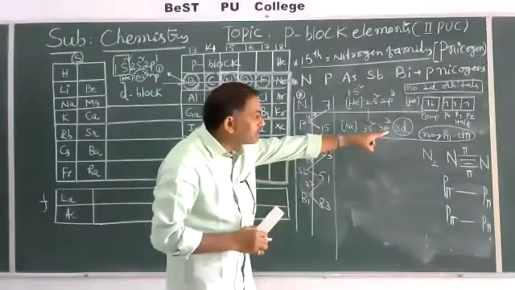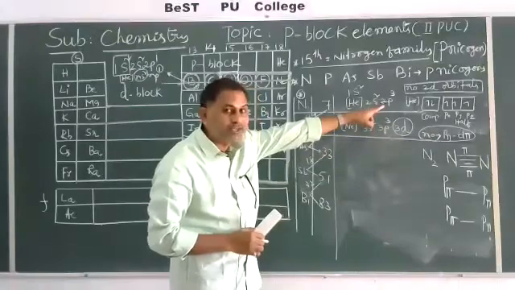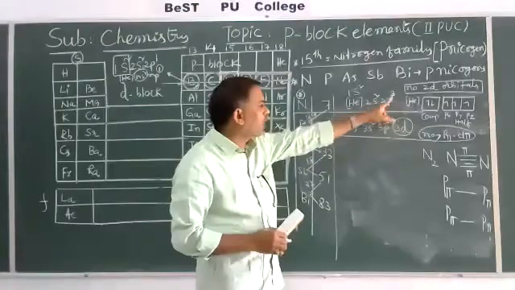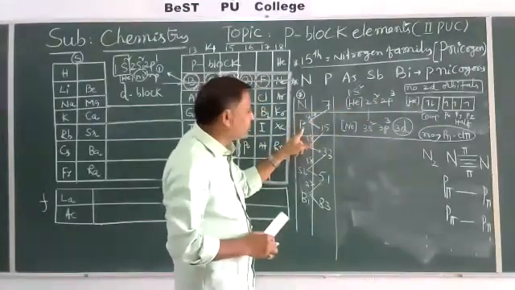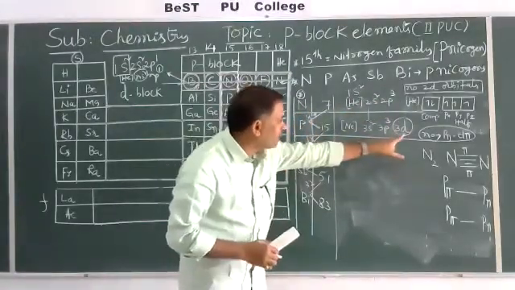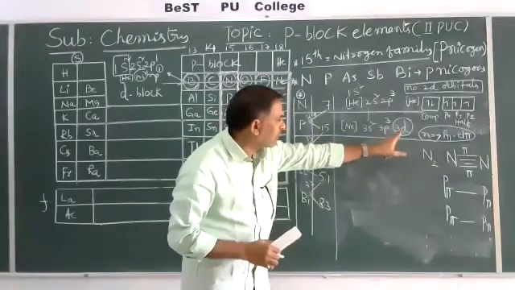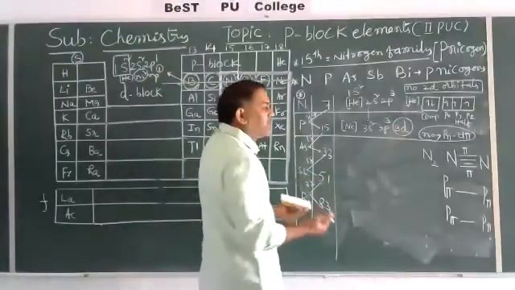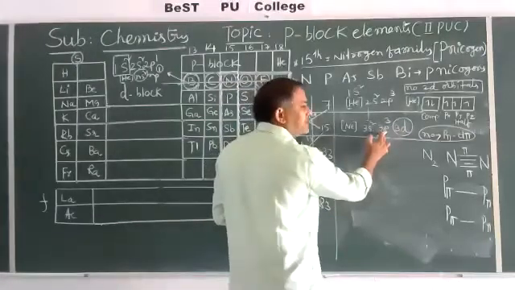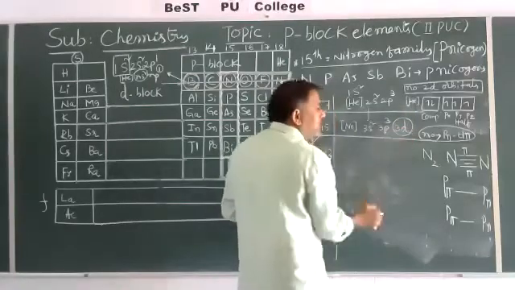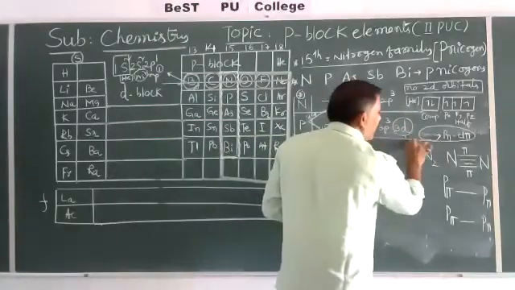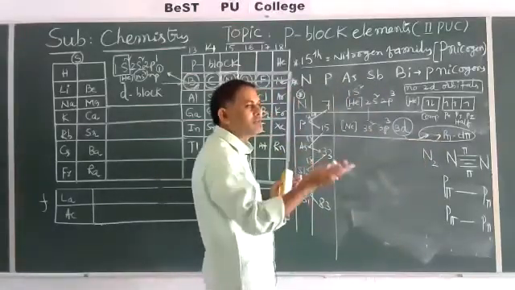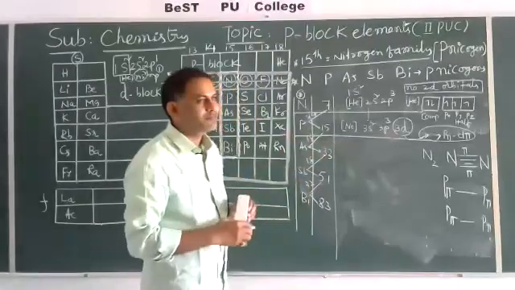But the possibility of a d orbital is not present in nitrogen. Only nitrogen has the absence of d orbitals, and from phosphorus onwards, d orbitals are available because d subshell starts from the third energy level onwards. That's why in the excited state, electrons are excited from the p subshell to a d subshell, and then it forms p pi and d pi bonds. It forms pi bonds between phosphorus and some other important elements.